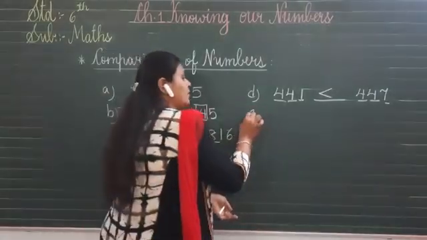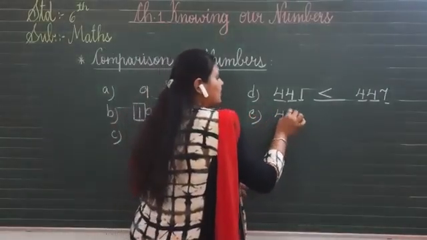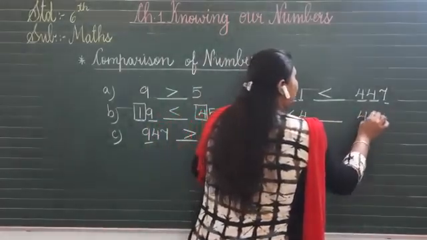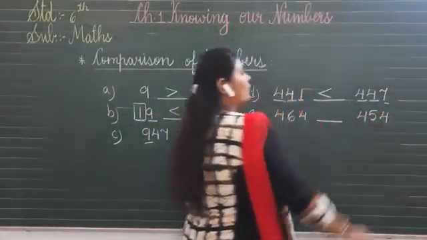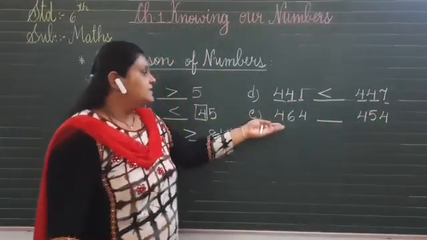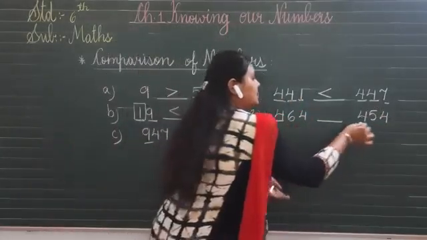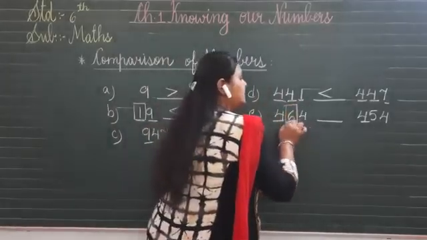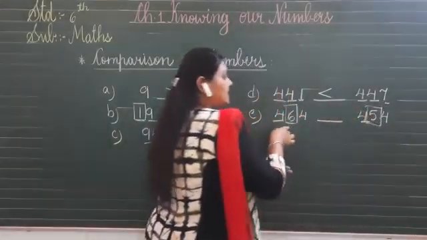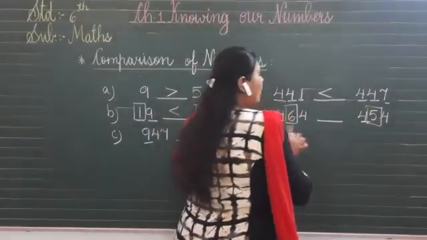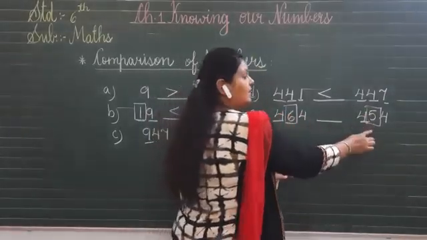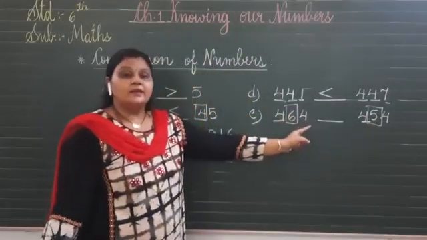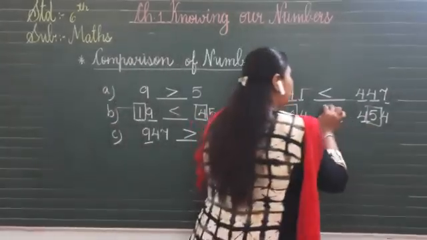Here we will take one more example. Suppose I have written 464 and 454. Here the first place is the same. Then go to the second. 6, 5. 6 is greater. So the whole number is greater than the given number. That is 464 is greater than 454.